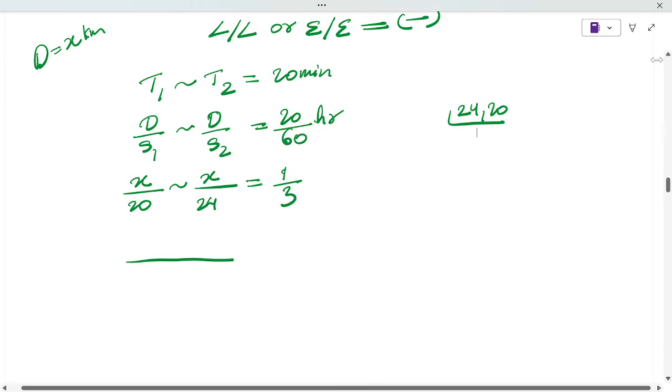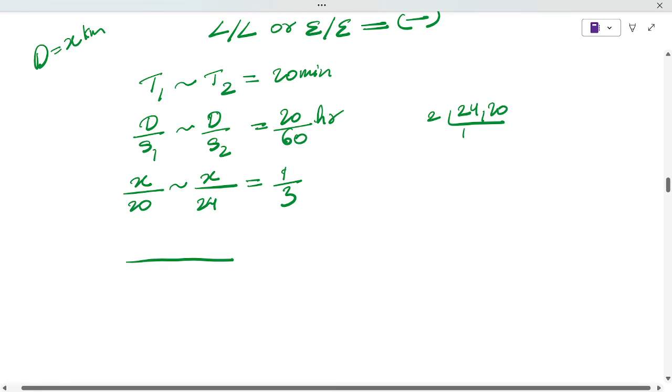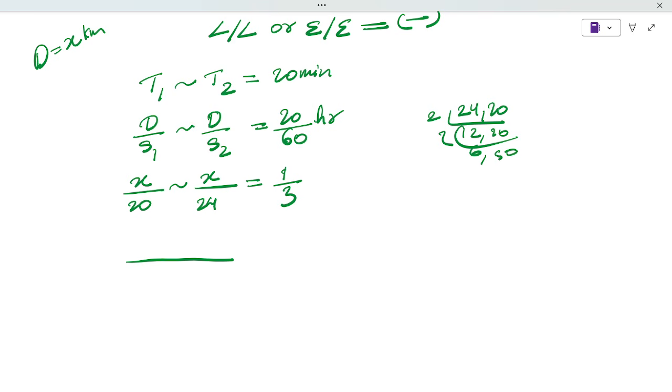Okay, so coming back, let's check with the normal method. LCM by the normal method: 2 goes into 20, 24; 2 into 10, 12; 2 into 5, 6; 3 into 5, 3; 5 into 5, 1; 1, 1. So 2 to the 4 is 8 times 15, so we're getting 120.